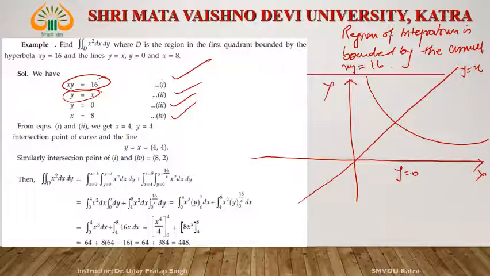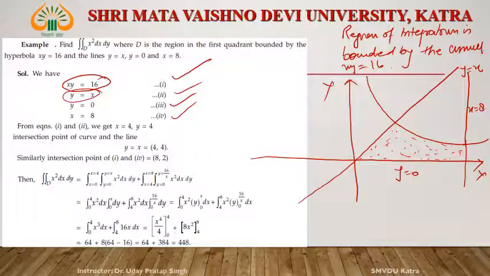This is the y-axis. And x equal to 8 is this straight line. The region bounded by these curves is this one.